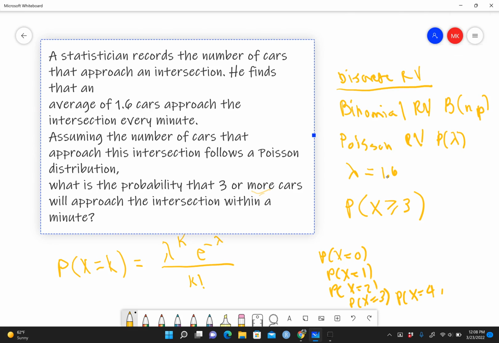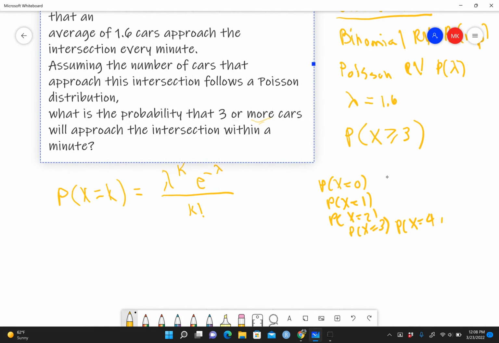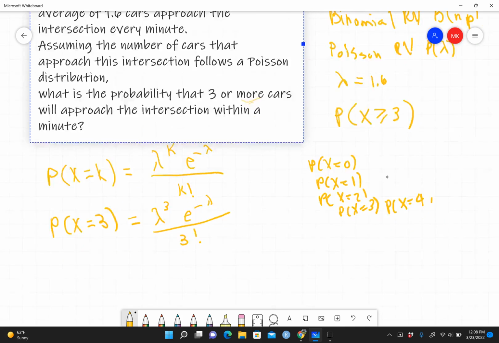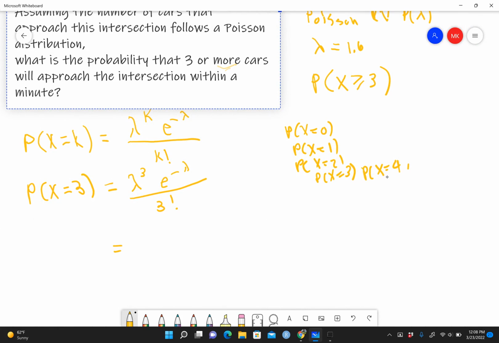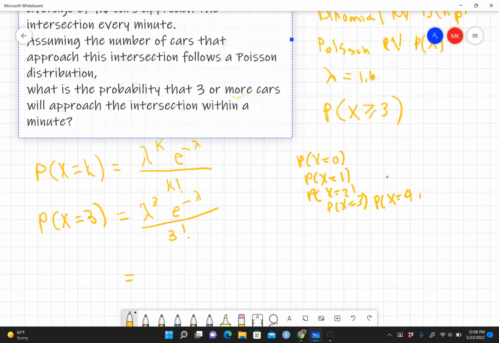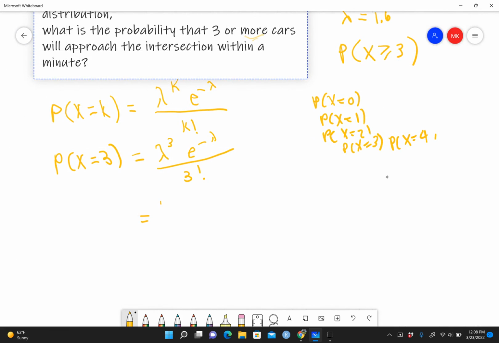So if you would do it by hand, you would have to go and find the probability that x is equal to 3, right? And then you plug it in. It's going to be lambda to the third power, e to the minus lambda, over 3 factorial. Now, we know what lambda is. Lambda is your average number. So that is given as this 1.6. So you can plug that in.